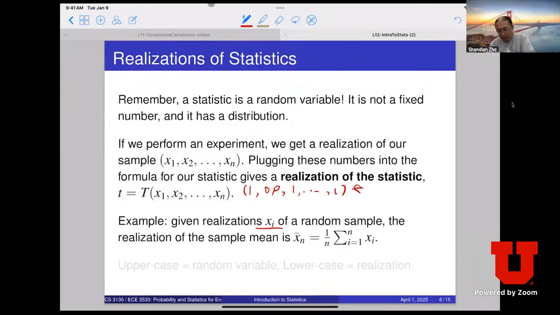Then I evaluate my statistic at my realization and get some value. This value is called the realization of my statistic. Suppose my statistic is the sample mean. That means I just average the values in my realization, and I get some value, which is my realization of the sample mean. Does it make sense?